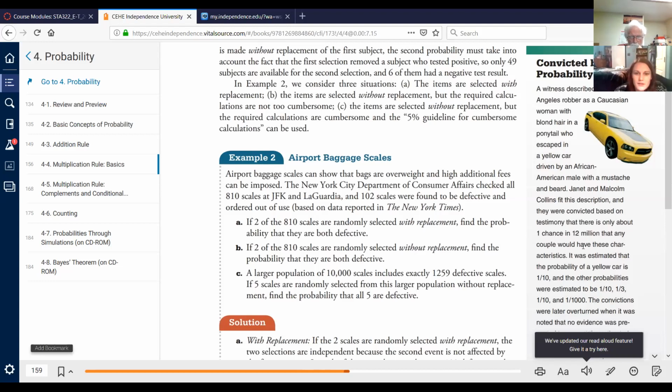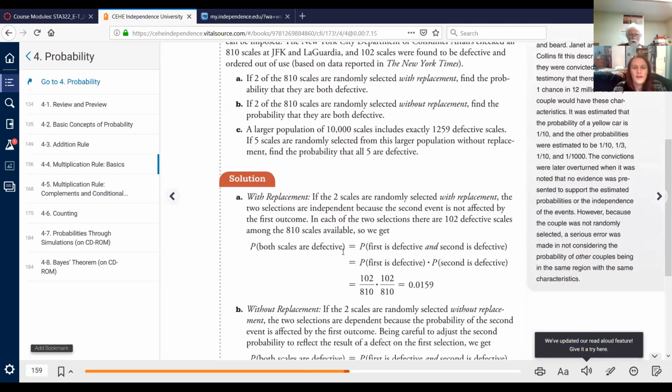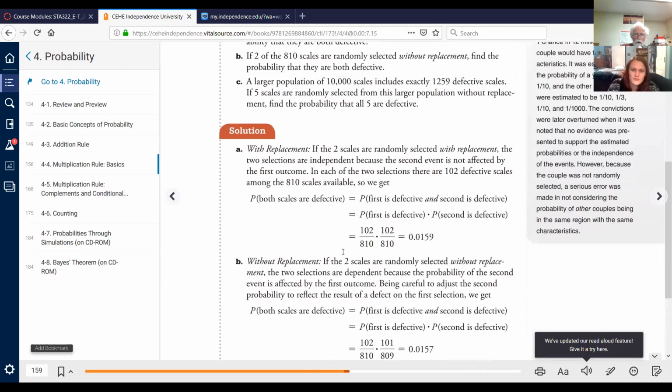But if we look at this, we look at 102 scales out of 810 at the 2 big airports in New York City. That's a lot. That is in reality about 12% of the scales being defective. So again, we can calculate these numbers.